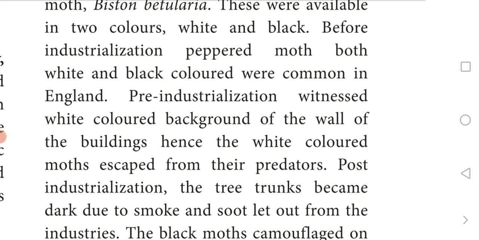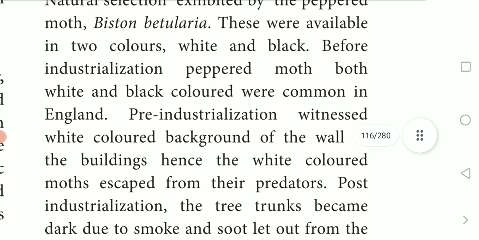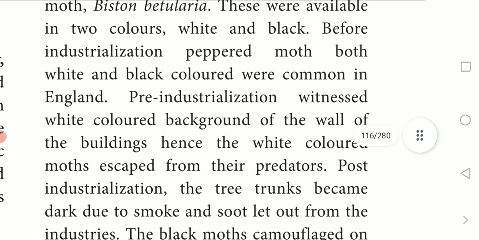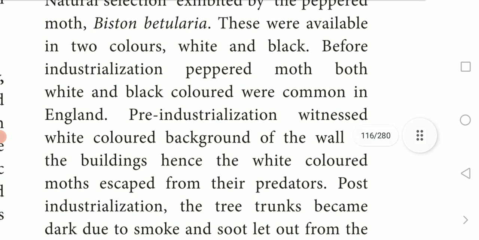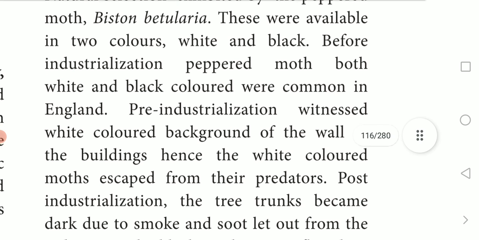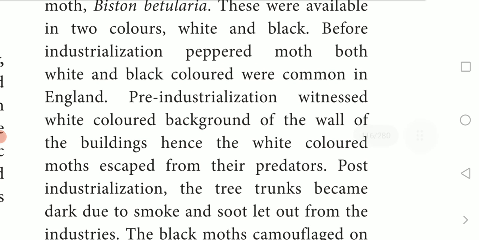Pre-industrialization witnessed a white color background on the walls of the buildings, hence the white colored moth escaped from its predators. Before industry started in England, the white color moth used to stay on the ceiling, so the white peppered moth and the ceiling color seemed similar.